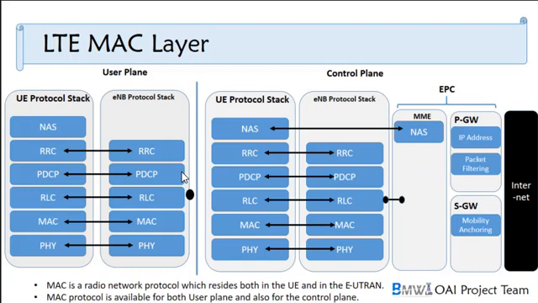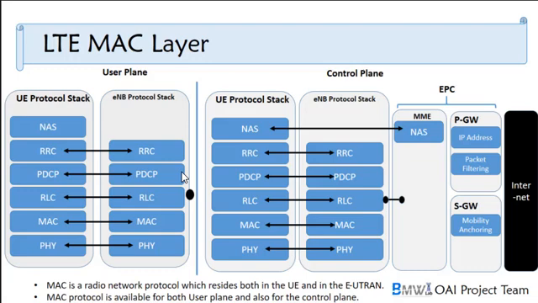The main concept is like this, but actually it is a very advanced concept. I just explained the simple one. There is a UE part and an eNode B. The eNode B is like a base transceiver station to transmit and to receive data from the UE.